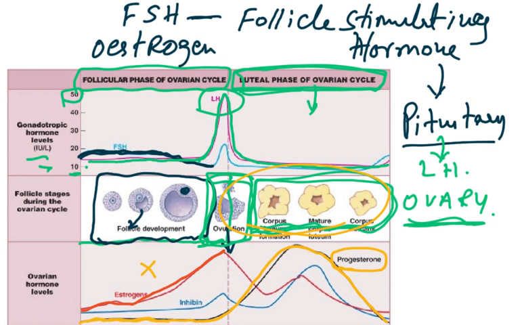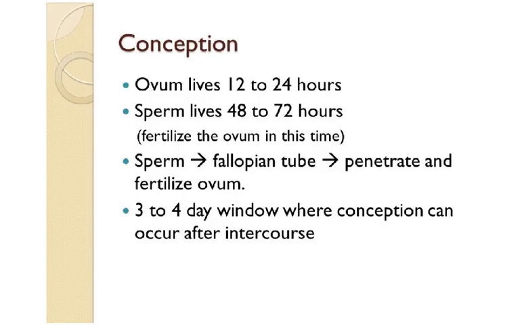We see the level of progesterone increasing after day 14, remaining high, and then coming down. So, four hormones we've got to remember: FSH and estrogen here, LH is required here, and then for this stage, we need progesterone.